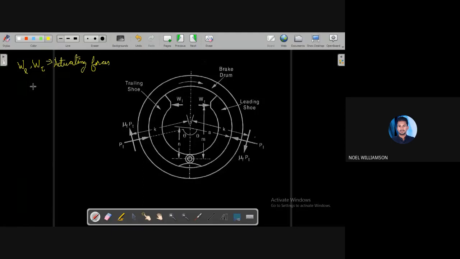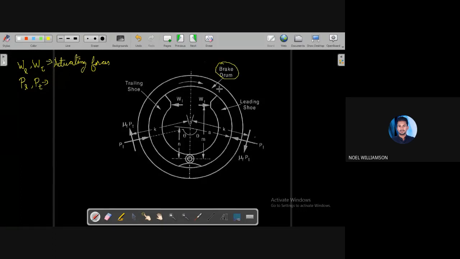Next, PL and PT shown here. That means while the shoes are in contact with the drum, here it is the brake drum shown here.